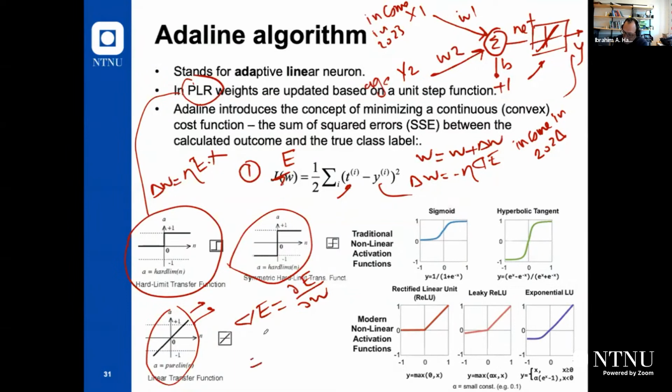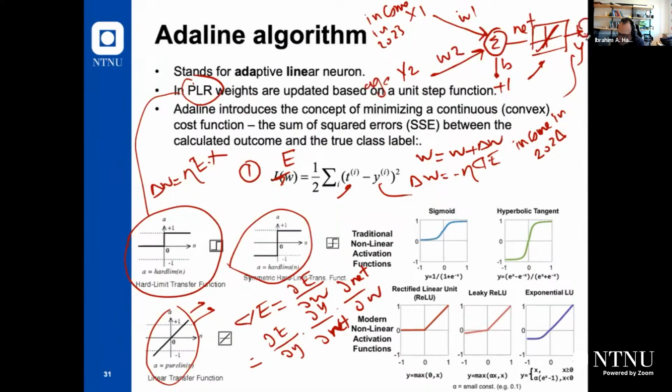So in fact, it would be partial E by partial y multiplied by, we call it the chain rule, partial y by partial net, multiplied by partial net by partial omega. We calculate the error here at the output, correct?